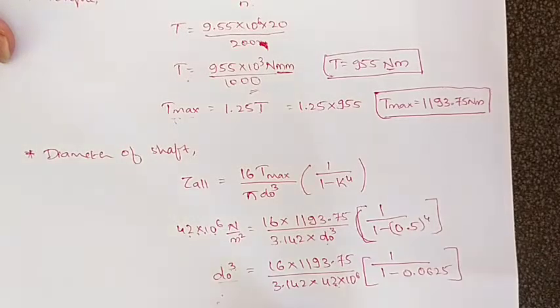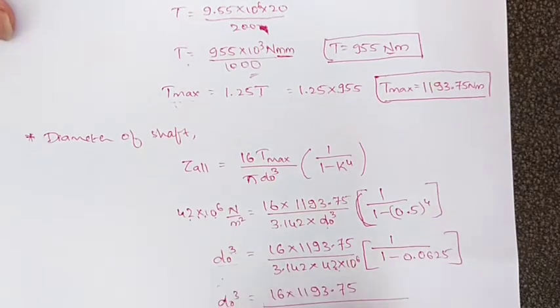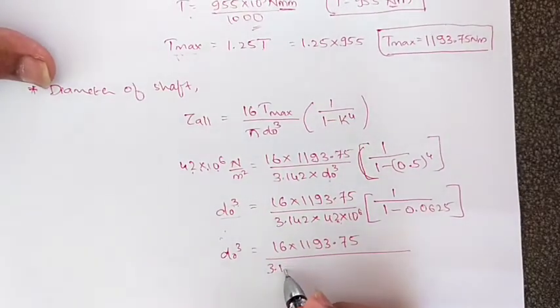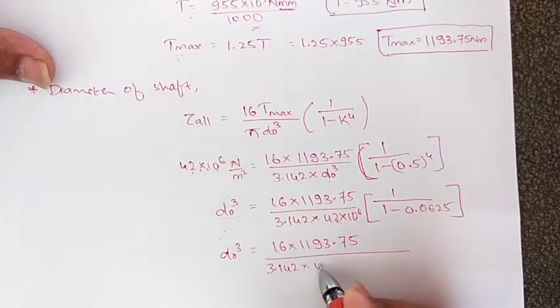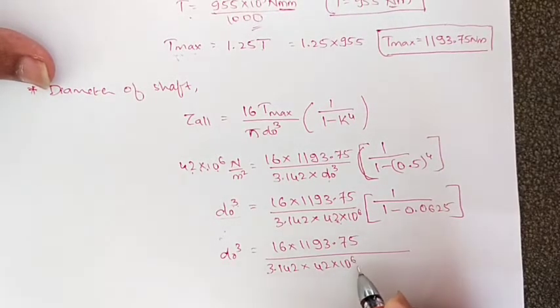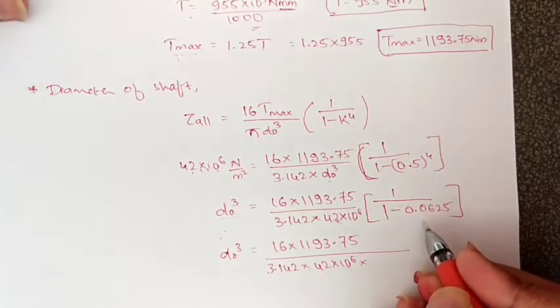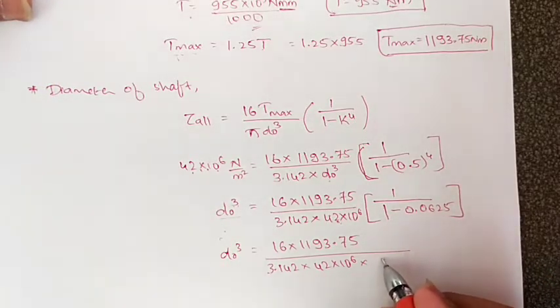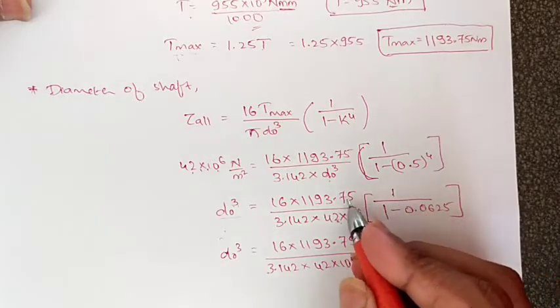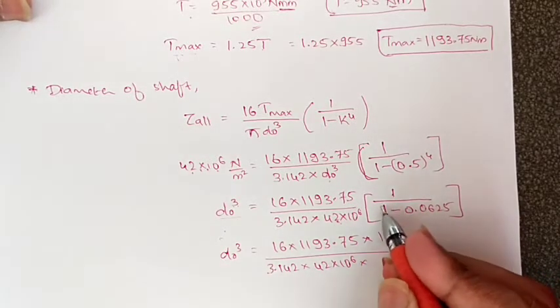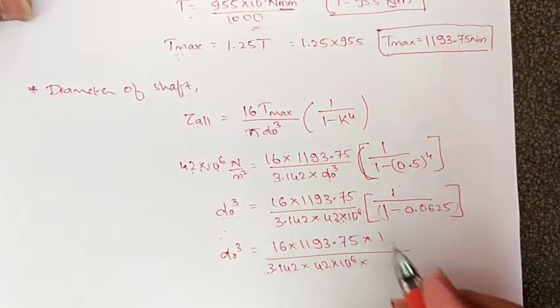Okay, now d naught cube is equal to 16 into 1193.75 divided by 3.142 into 42 into 10 raised to 6. See, this, when you do 1 minus 0.0625, this whole thing will multiply with this.